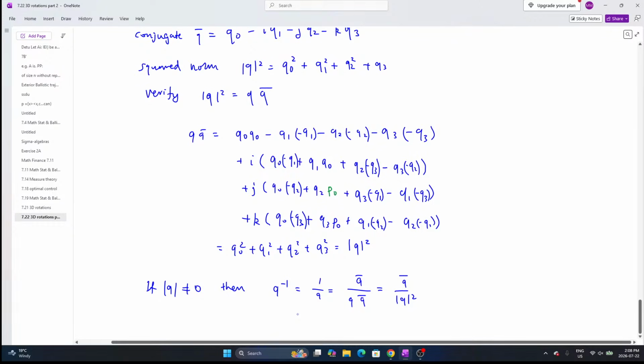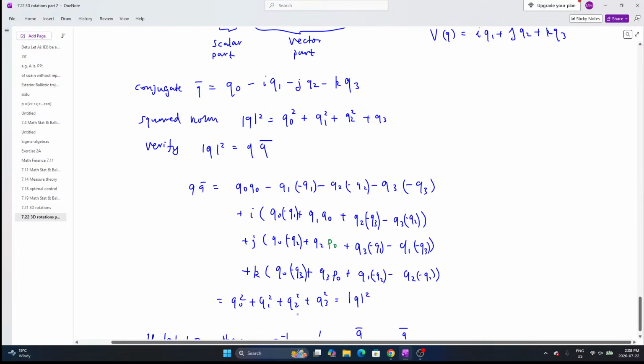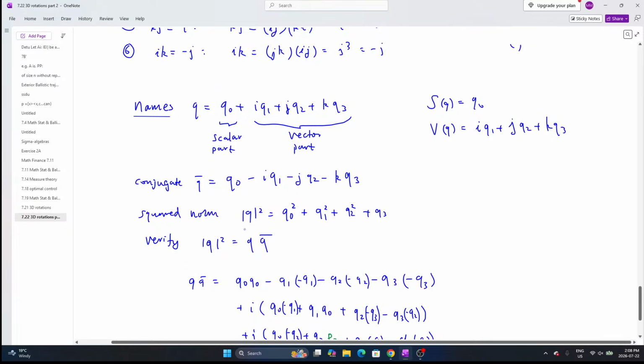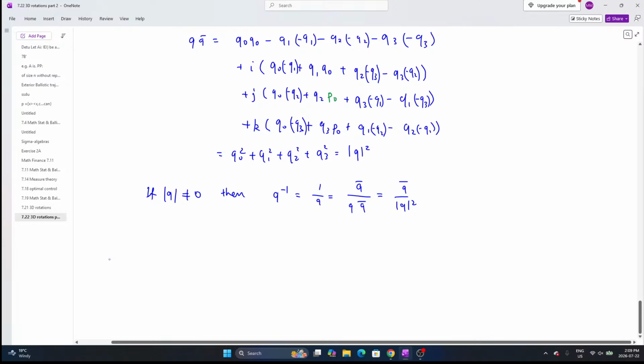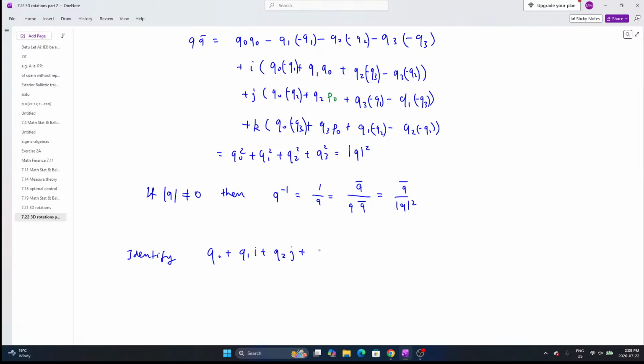All right, so that's cool. And let's use the vector form. Like we have the vector formalism now. You can consider a quaternion as a vector, a scalar vector form. So here, therefore, we're going to identify Q naught plus Q1I plus Q2J plus Q3K as a scalar vector pair.